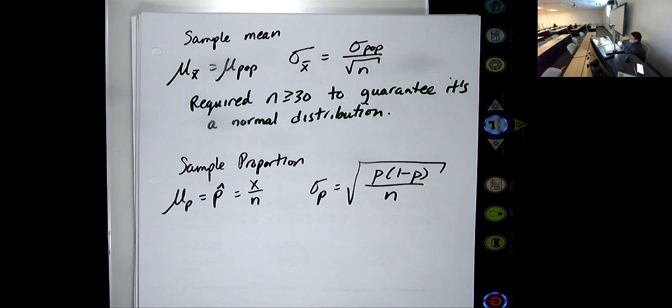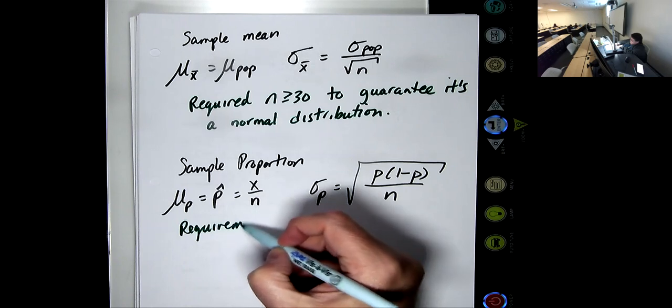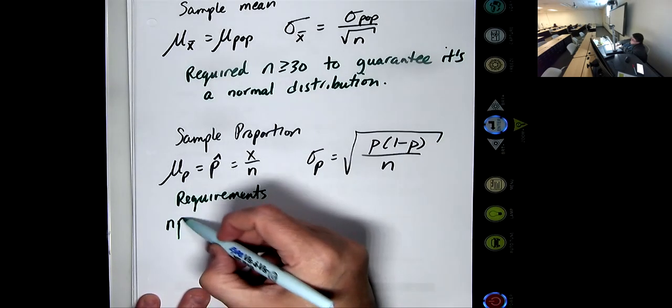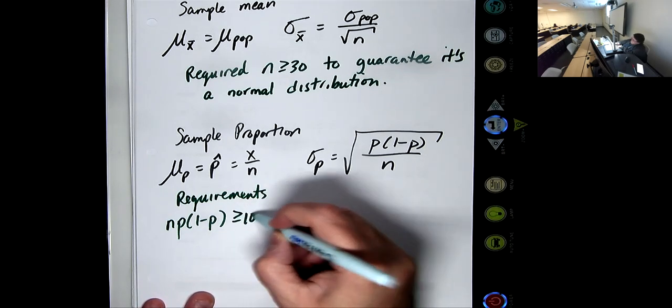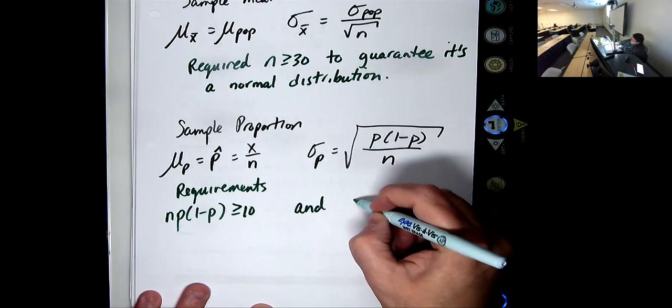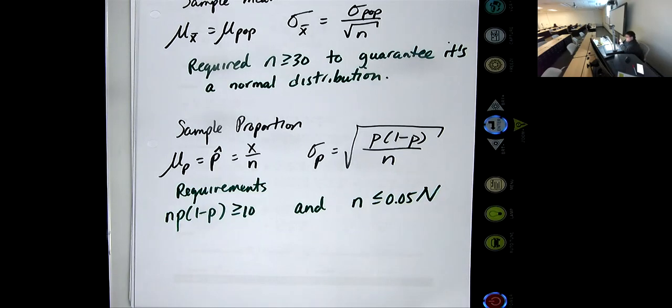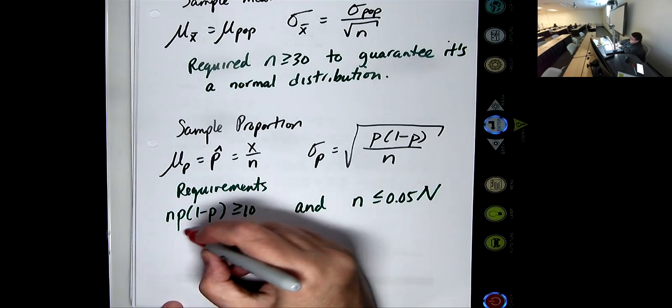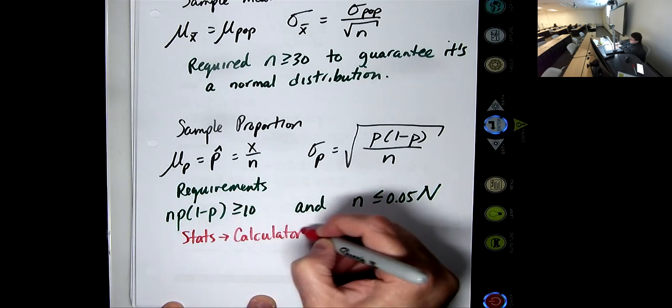The requirements on this one: N times P times 1 minus P is greater than or equal to 10, and n is less than 0.05 times big N. For both of these, you're doing stats, calculators, normal.